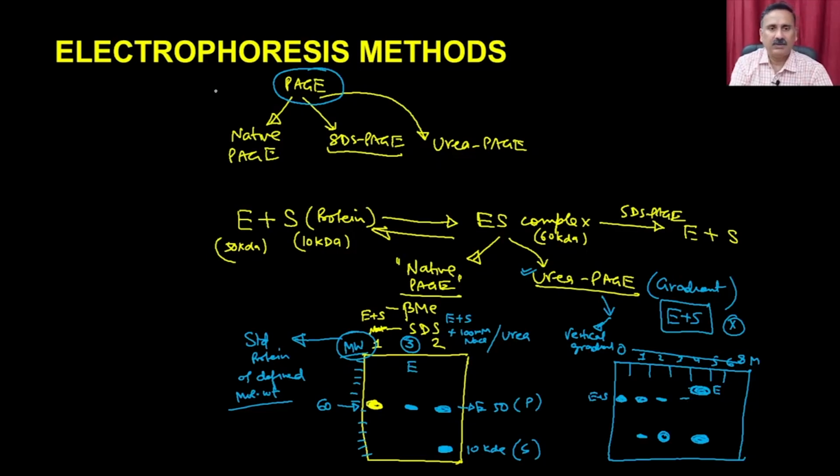This is all about the electrophoretic methods. So you can run the native page, SDS page, as well as the urea page to answer the question whether the particular proteinaceous substrate is interacting with the protein or not, and how stable the complex is.